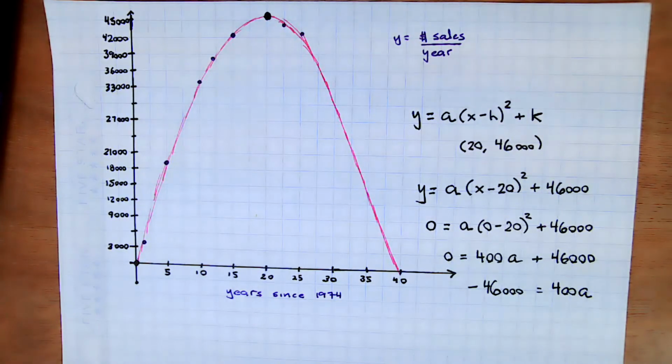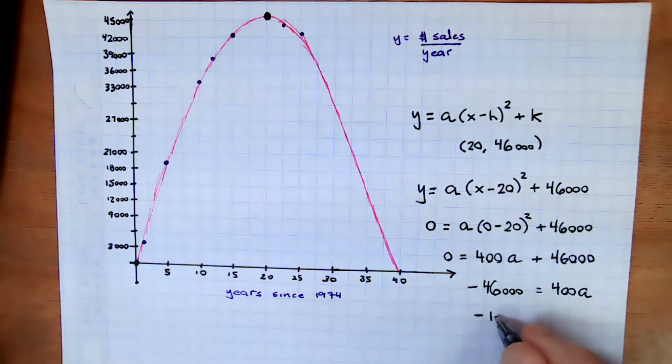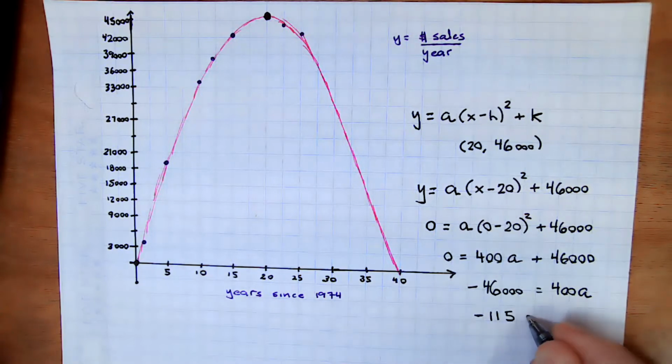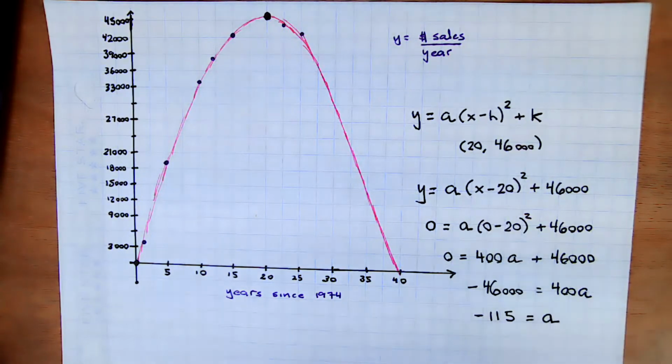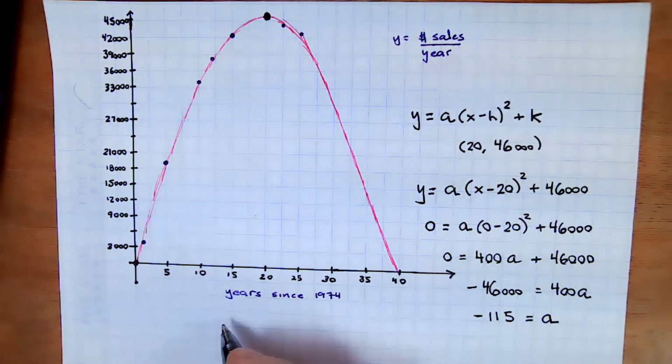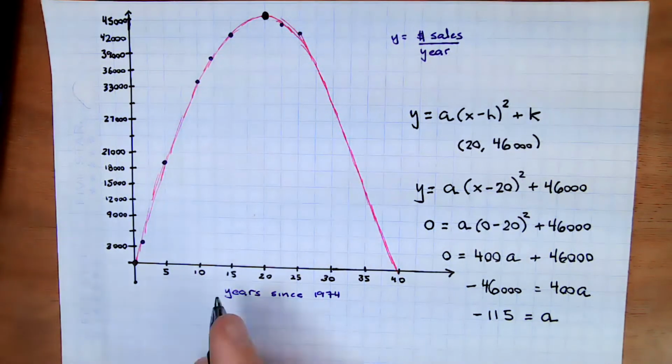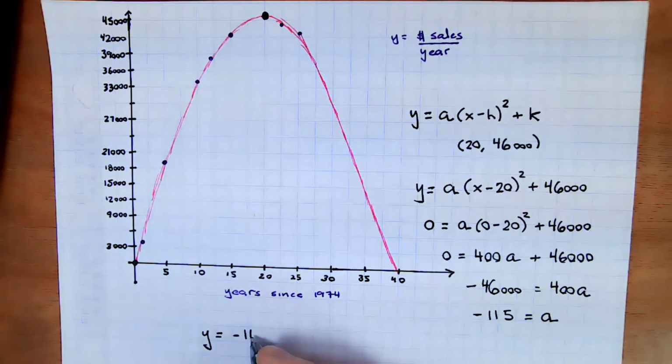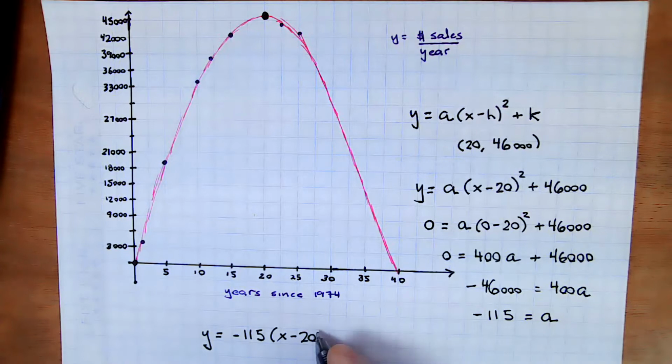That's what we were hoping because our parabola is facing down. So I get negative 115. So my mathematical model is y equals negative 115 times (x minus 20) squared plus 46,000.